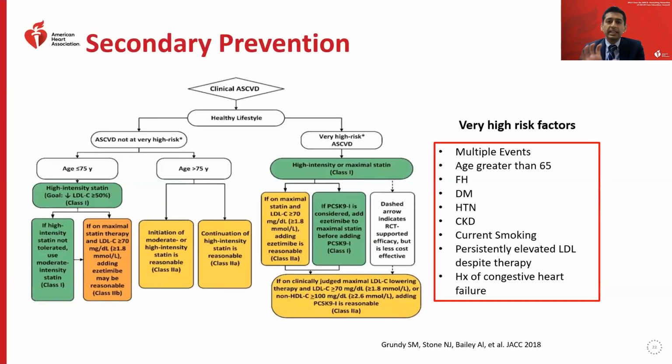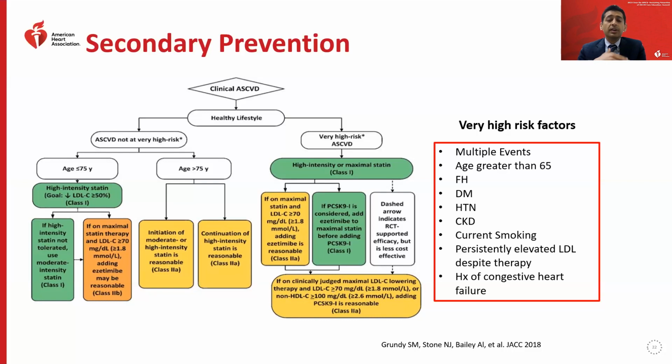So kind of honing in on our secondary prevention patients, our established ASCVD patients. We really want to understand what that residual risk is. So that, in general, because this is a little bit busy slide, but in general, we want to bring their LDL at least to less than 70 milligrams per deciliter.